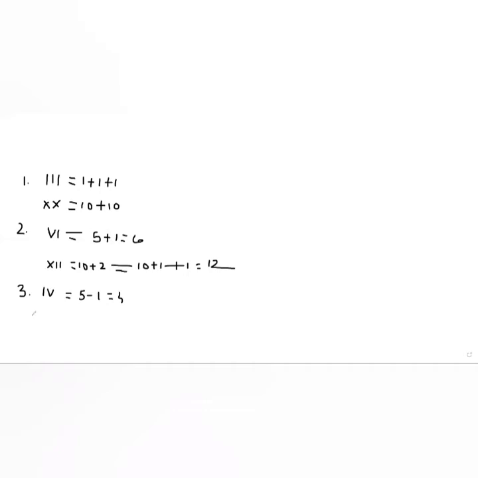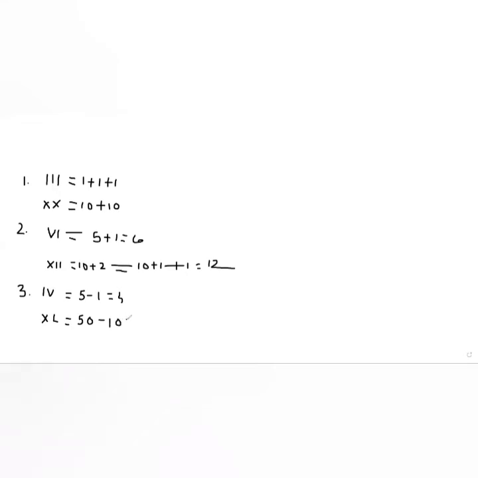Understand? So if I am writing XL, what is X? X is 10 and L is 50. 50 is greater and 10 is smaller. So for subtraction, it is 50 minus 10. 50 minus 10 what? Yes, 40.